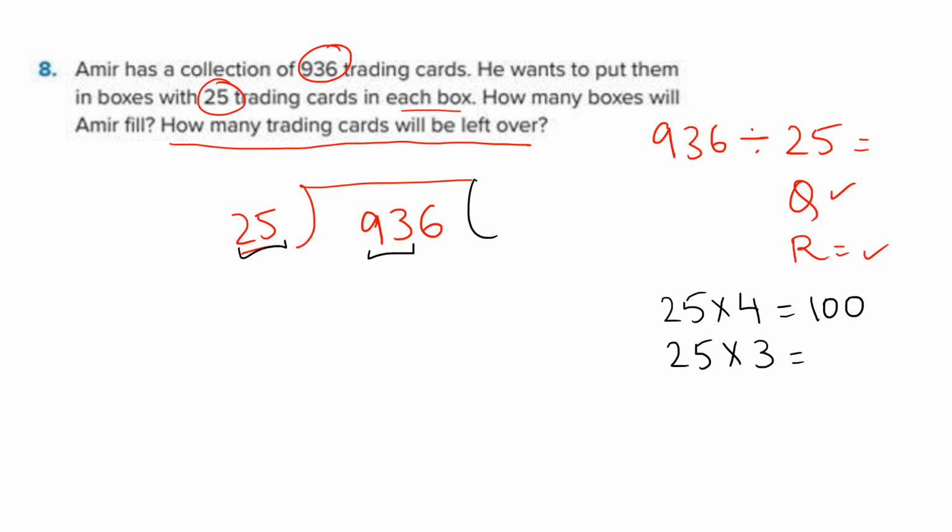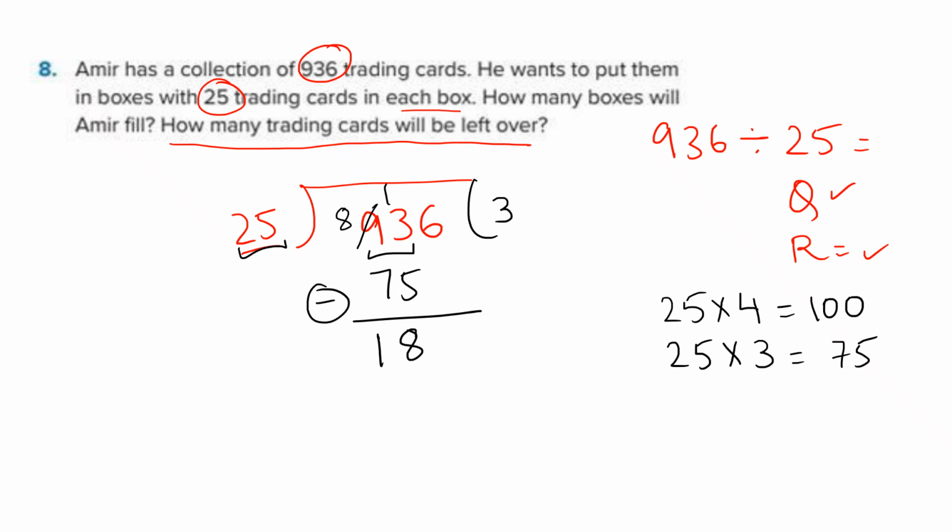So 25 multiplied with 3 is 75. So I'm going to choose 3 here, 75, and do the subtraction. So I cancel. 13 minus 5 I will do, and there 8 minus 1. So when you do the subtraction, 93 minus 75 will give you 18.